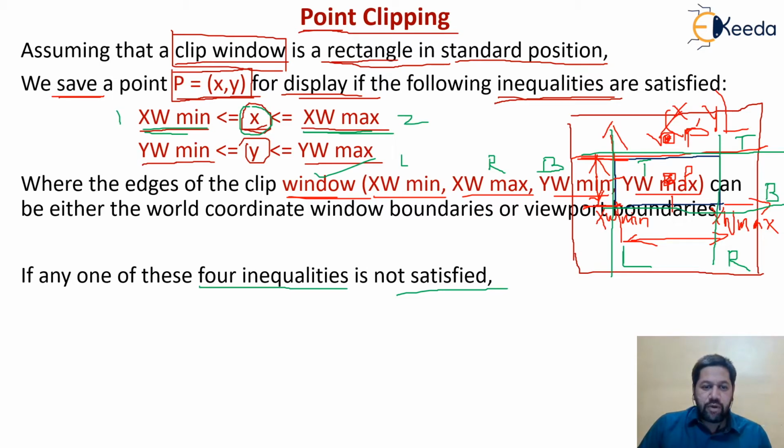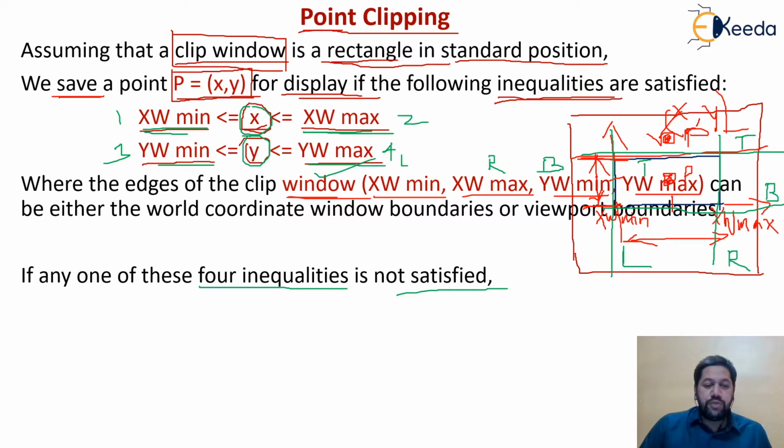Similarly for y, condition number 3 is that the value of y should be greater than or equal to yw minimum. And the fourth condition is that the y value should be less than or equal to yw maximum.